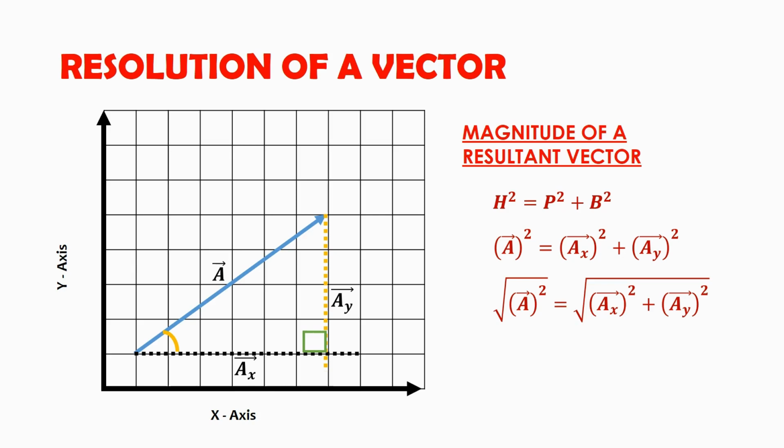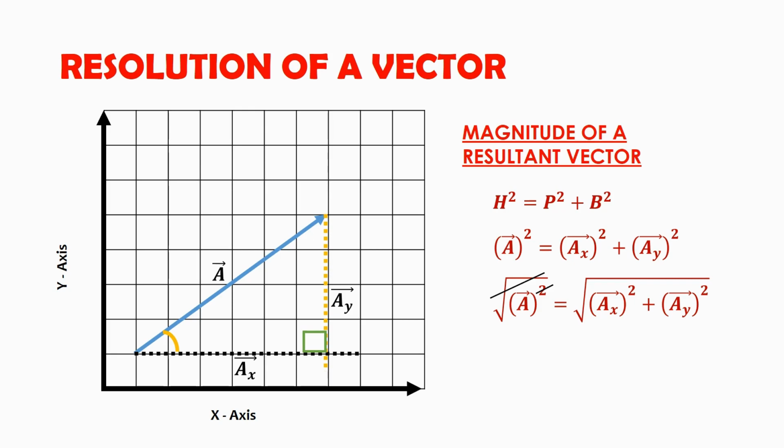What is required to be done is that the square root needs to be cancelled with the square. Remember, on the right hand side, there is an algebraic expression presented with a plus sign between ax and ay.